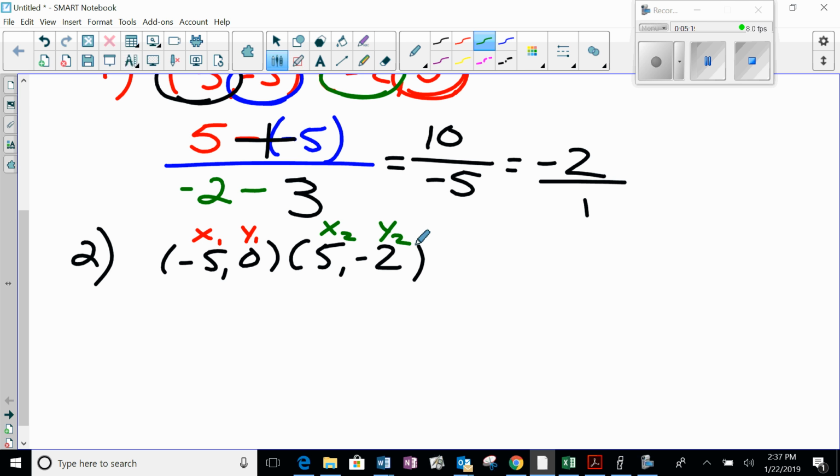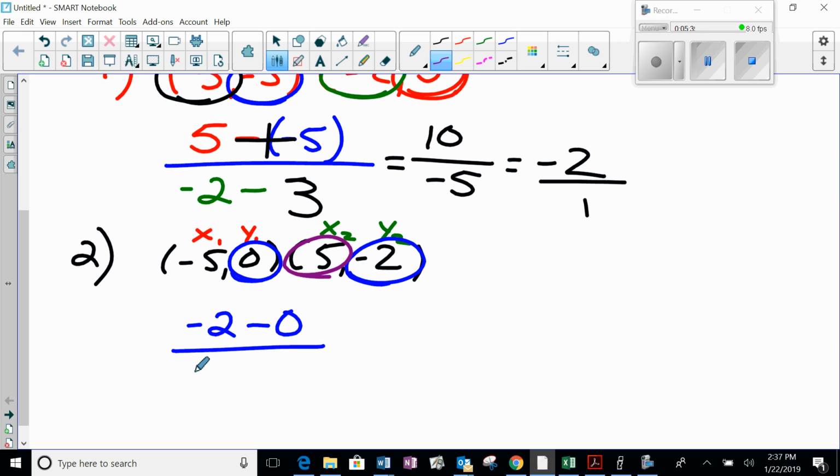Then we plug it into the formula and subtract the y's, and subtract the x's. So I'm going to take my y2, which is my negative 2, minus y1, which is 0. And then I'm going to take my x2, which is 5, minus my x1, which is a negative 5.